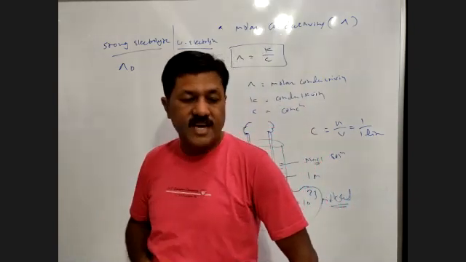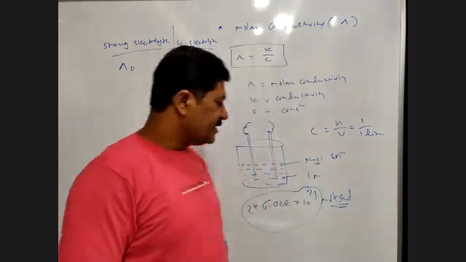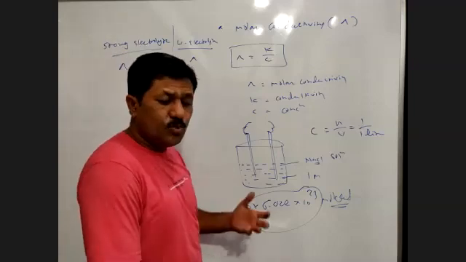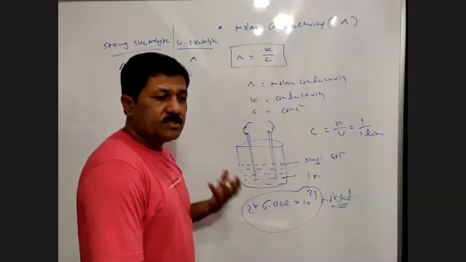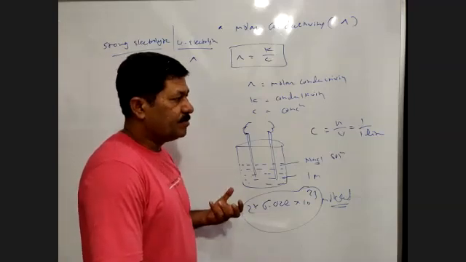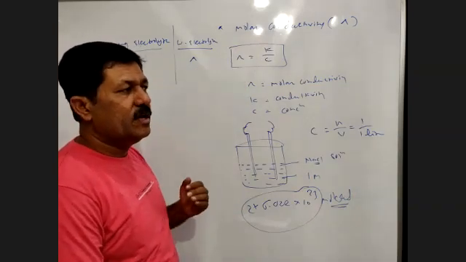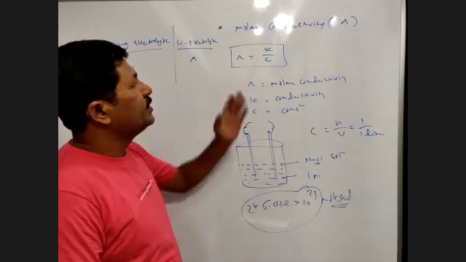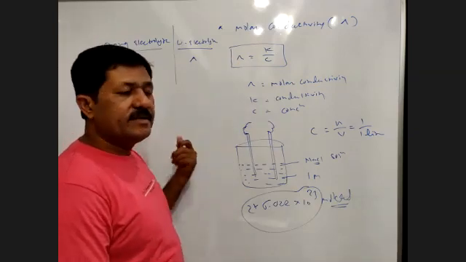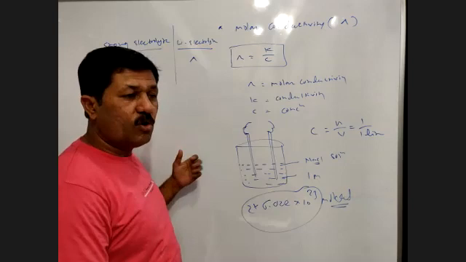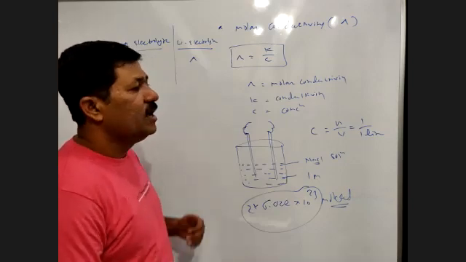This difference comes out from here. There are 2 more factors which have an impact on this molar conductivity, and that is nothing but the relation between molar conductivity and volume, or concentration. So we have to discuss how it is related.